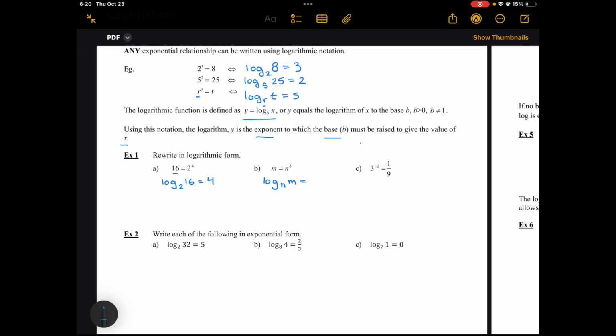My answer is the argument, and then my exponent is the right-hand side. Here, my base is 3. My original answer is 1/9, and my right-hand side of the logarithmic expression is minus 2.